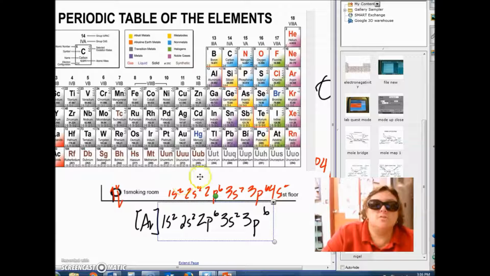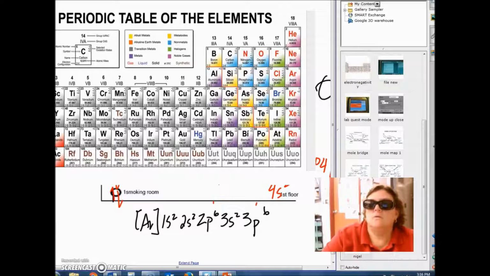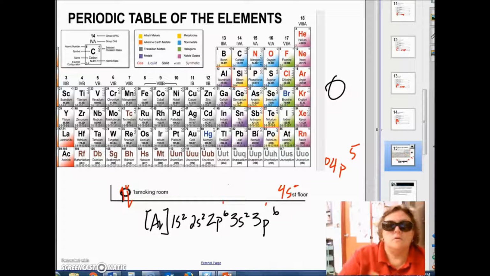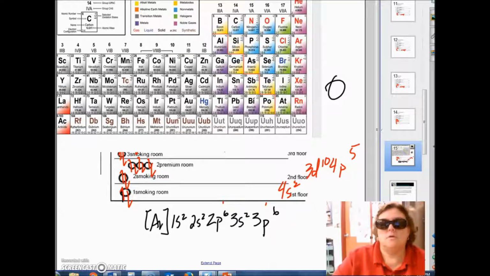So I can actually, for my shortcut, drop all of that part out. We can drop all that out and we can substitute argon in for that. So the shortcut for bromine would be argon 4s2, 3d10, 4p5.